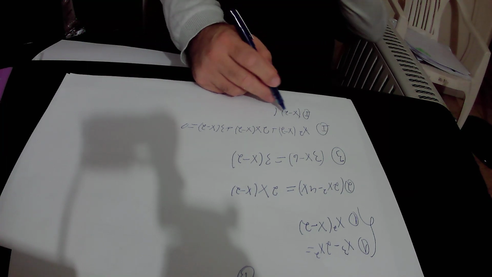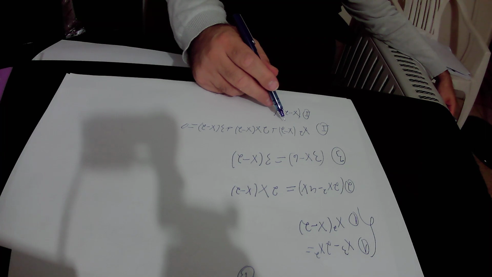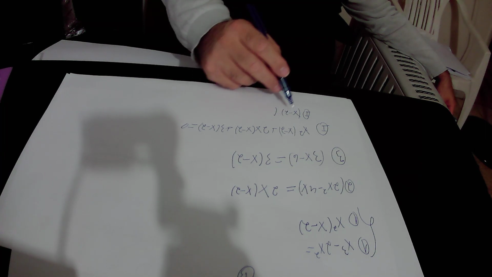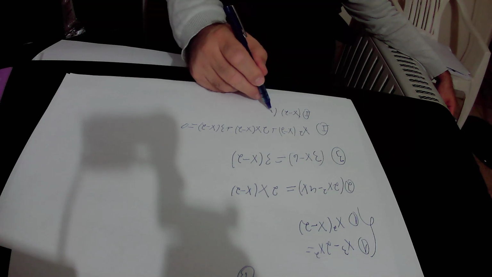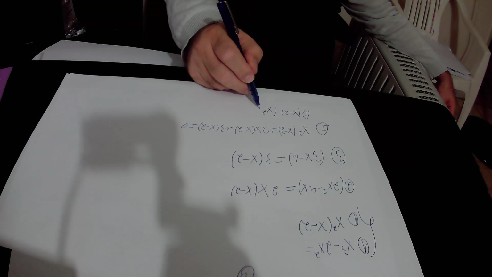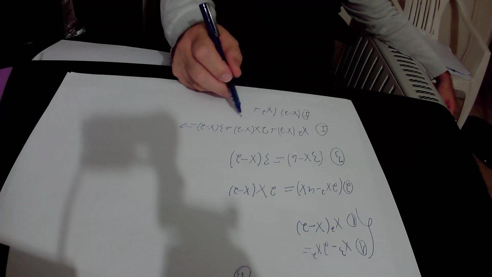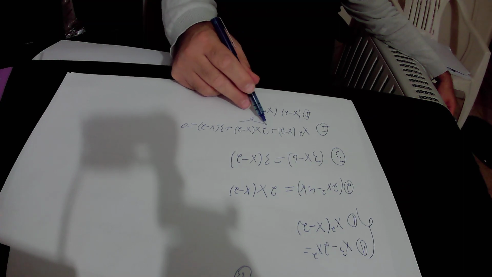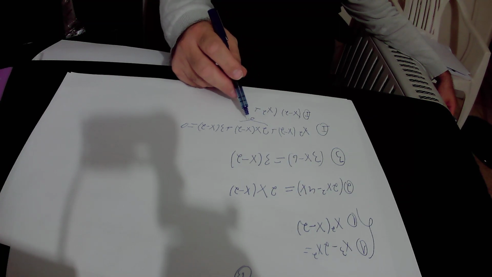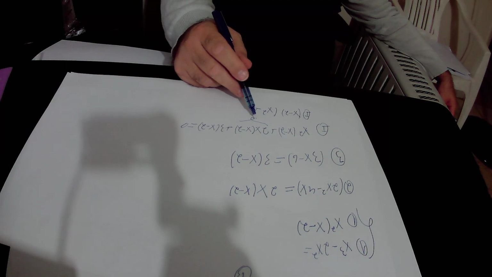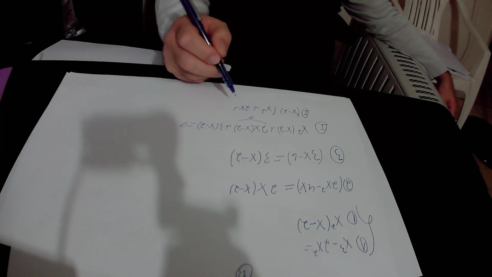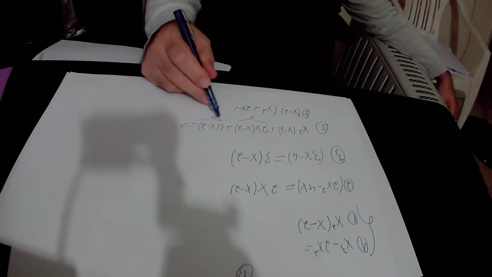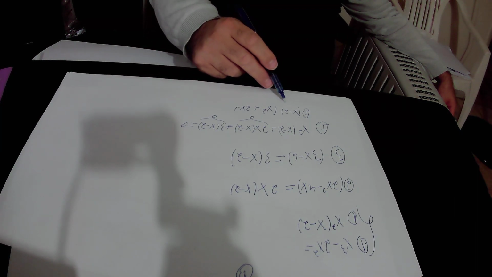So what is left from x squared times x minus 2 after we took a common factor of x minus 2? What is left is actually x squared. And what is left from this expression, 2x times x minus 2, after we took out a common factor of x minus 2? What is left is actually 2x. And finally, what is left from this expression after we took a common factor of x minus 2?